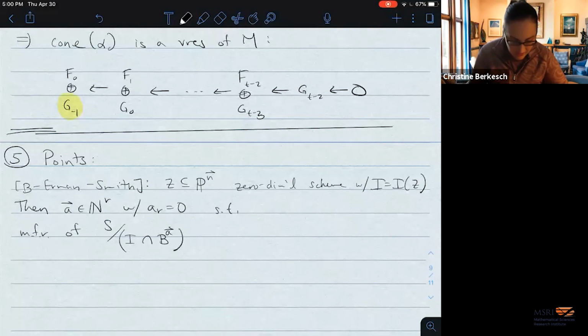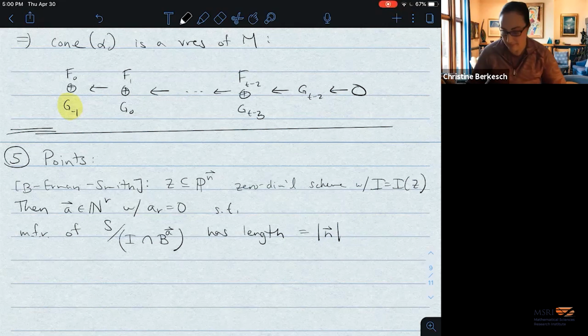So this ideal has projective dimension equal to dimension. So it has length equal to the dimension of the space.